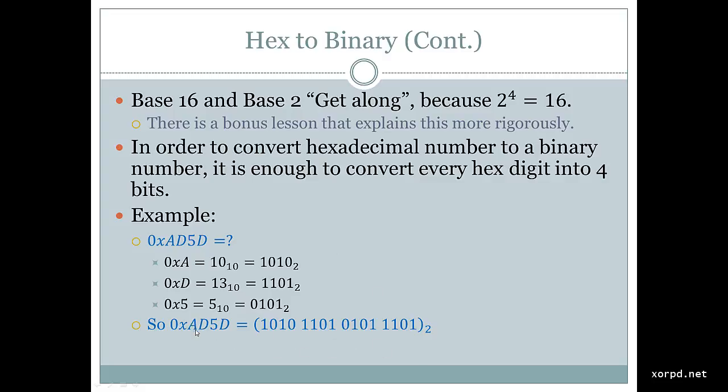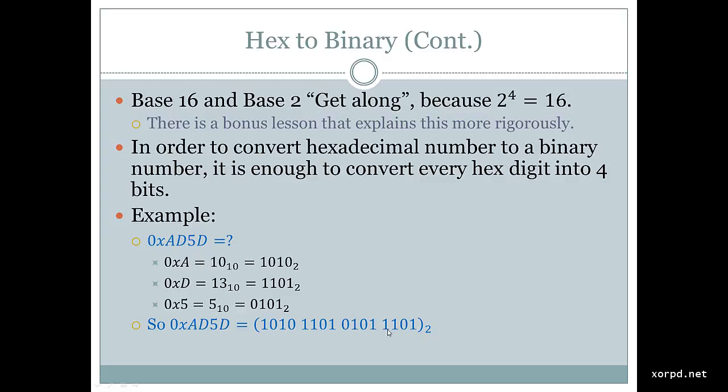The first A is supposed to be 1010 in base 2, and here we have it, 1010. The next one is D, which is 1101, and we have it 1101. The next 4 bits are 5, and we have that 5 equals 0101 in base 2, and that's what we have here.